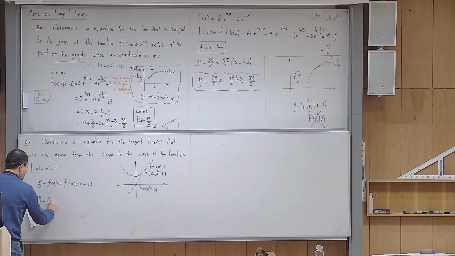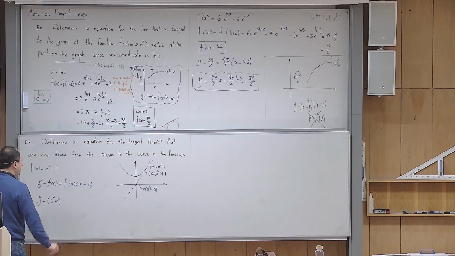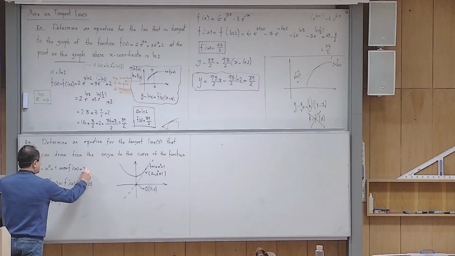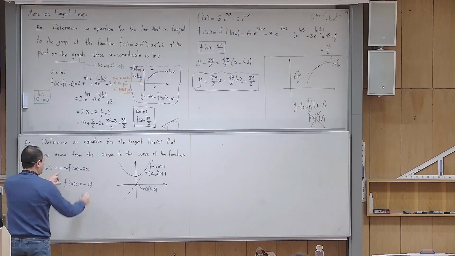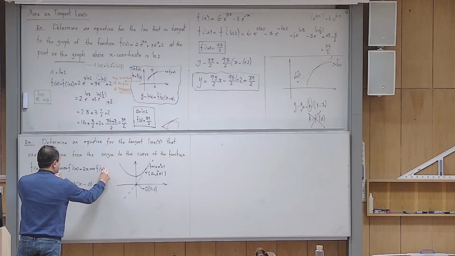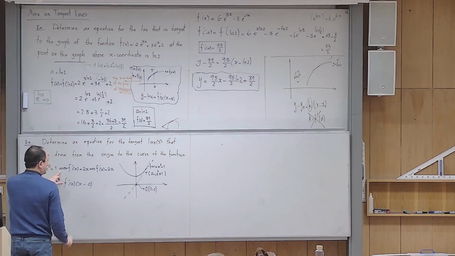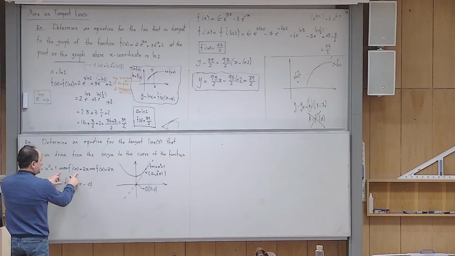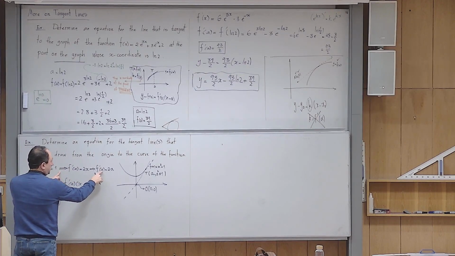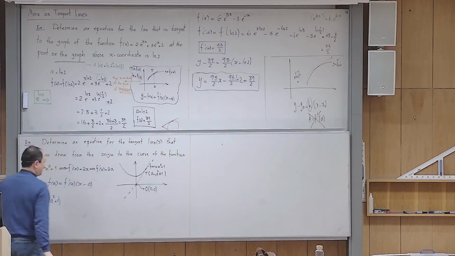I told you, I pretend I know it. f prime of a is easy to calculate because from here, I calculate f prime of x, which is 2x, extremely simple. And then f prime of a is simply 2a. Because f prime is a new function. This is the input. It gives me 2 times the input. Now I put a, so it becomes 2a.